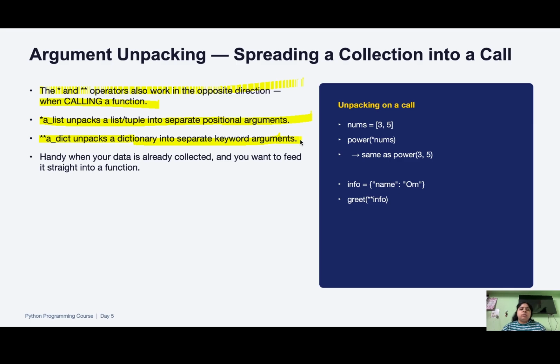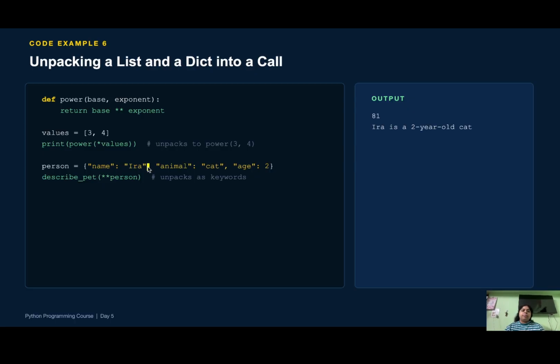This is very easy to understand. Whenever you unpack with star, you unpack a list or tuple because it is positional arguments. Same goes for double star: because it is a dictionary, you separate it into keyword arguments, key value pairs. Handy when your data is already collected and you want to feed it straight into a function, right?